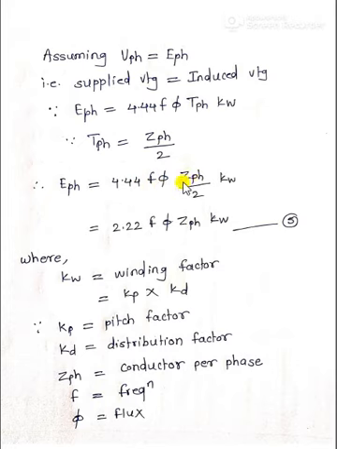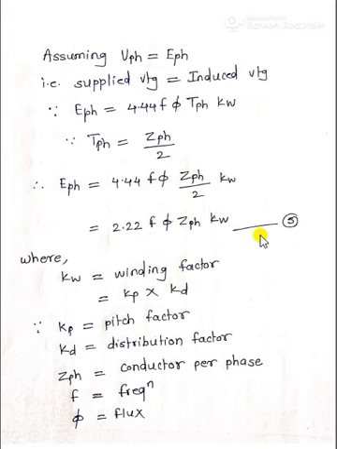So E phase is equal to, substituting this T phase value in the above equation, 4.44 F phi, T phase is nothing but Z phase upon 2, into kW. This is not a kilowatt value, this kW is the winding factor. So this 2 is going to cancel with 4.44 and it becomes 2.22 F phi Z phase kW.